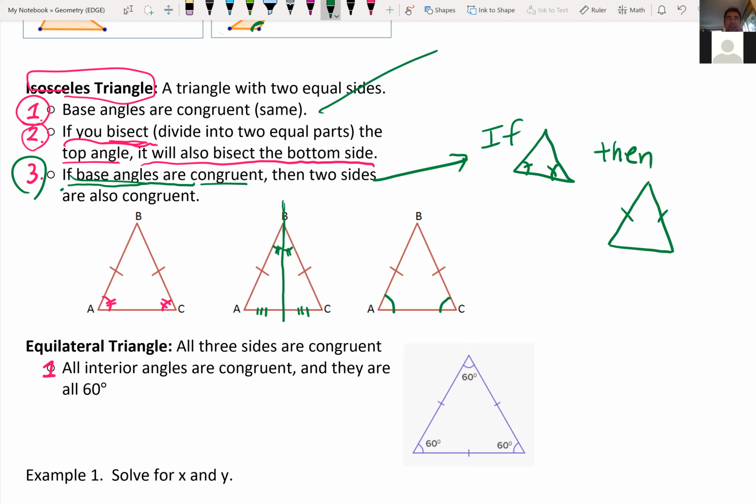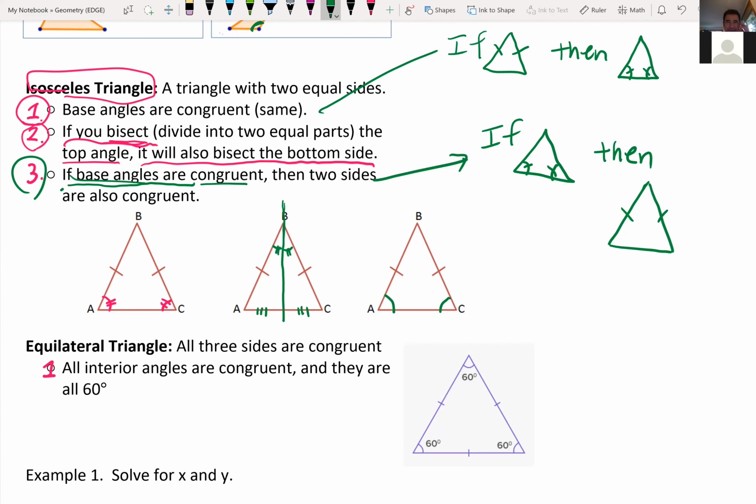Number 1 is if the triangle is an isosceles triangle, meaning two sides are the same, then the bottom angles are equal, right? And that's the other property, number 1. Property number 3 is the reverse of property number 1. If the bottom angles are the same, then you know that the two sides are also going to be equal to each other, meaning that it is going to be an isosceles triangle if the bottom angles are the same.